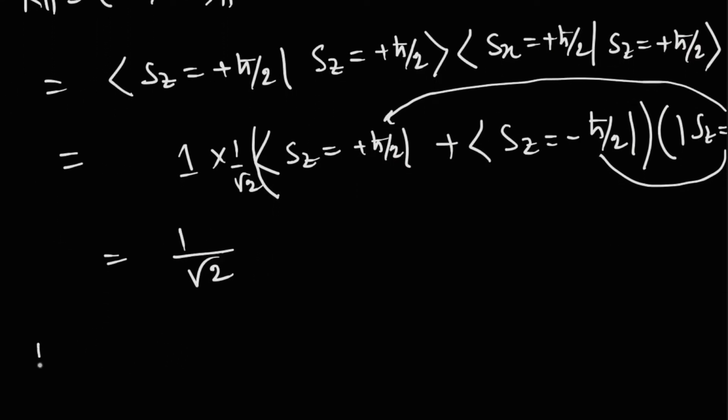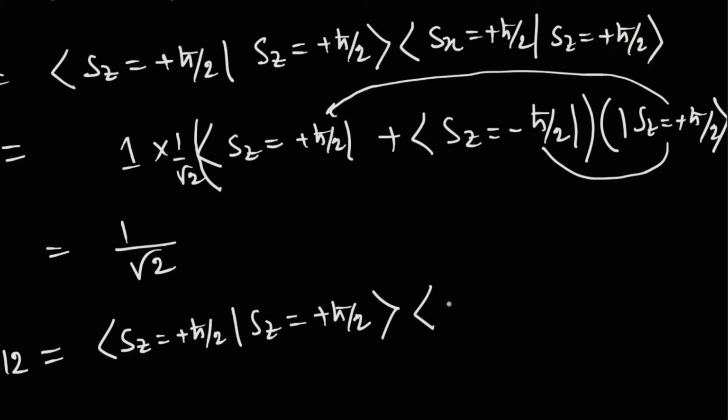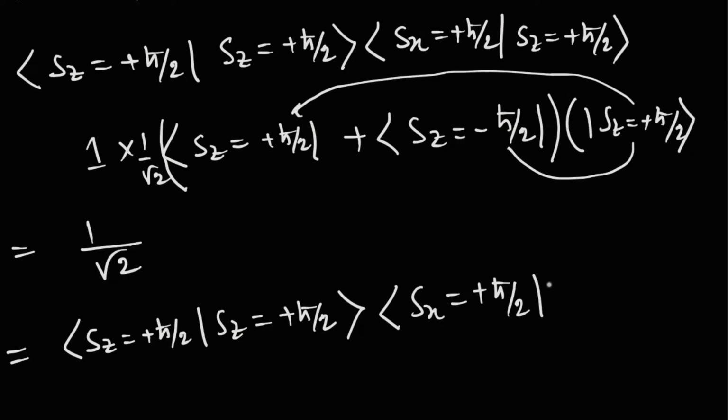Now let us calculate the other term R12. It will give Sz equal to plus h cut by 2 into Sz equal to plus h cut by 2, times Sx equal to plus h cut by 2 with Sz equal to minus h cut by 2.